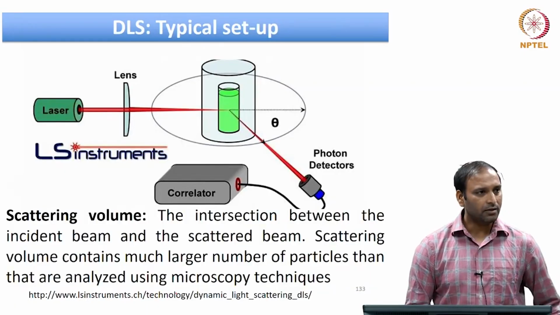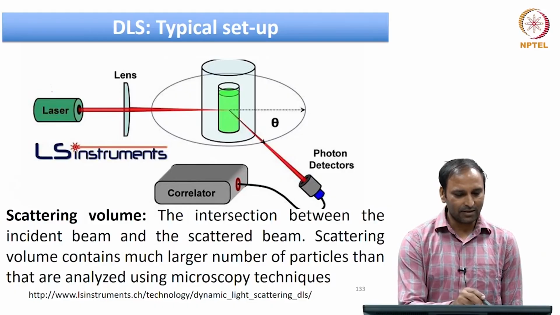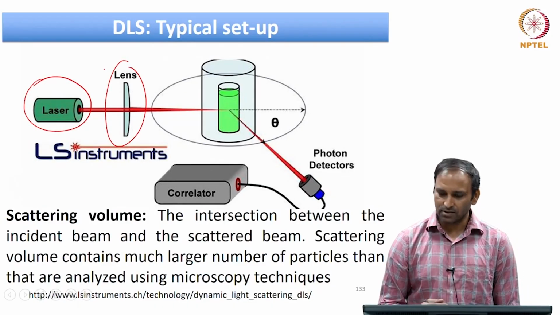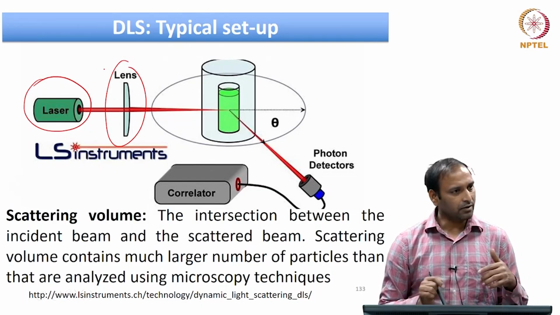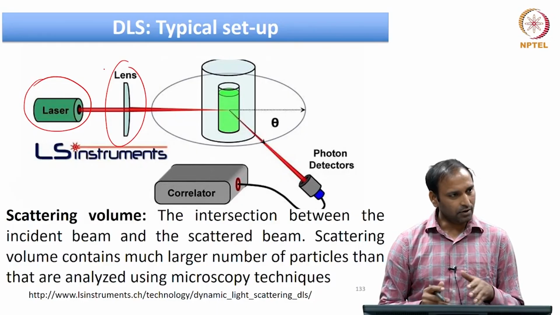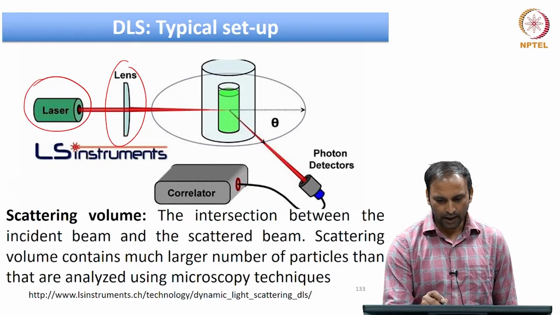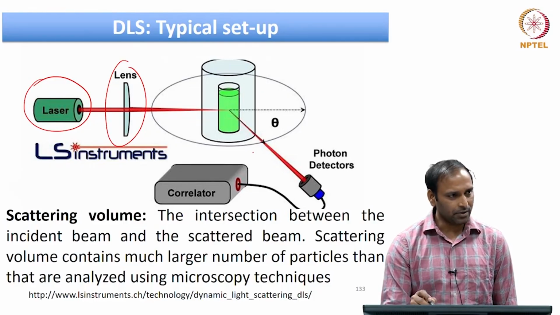Within the instrument there is a laser source and a set of lenses, which, as I said, are useful in sending collimated light that falls on the sample.